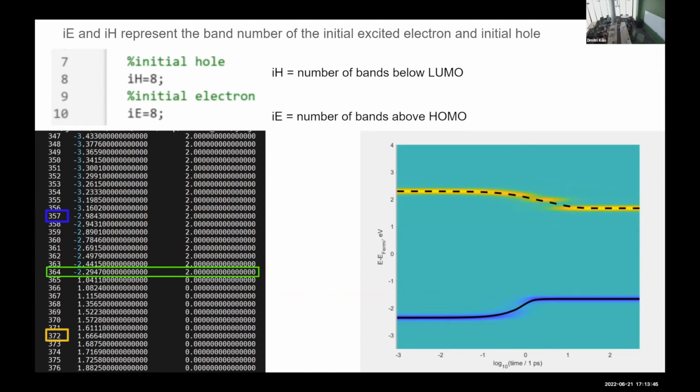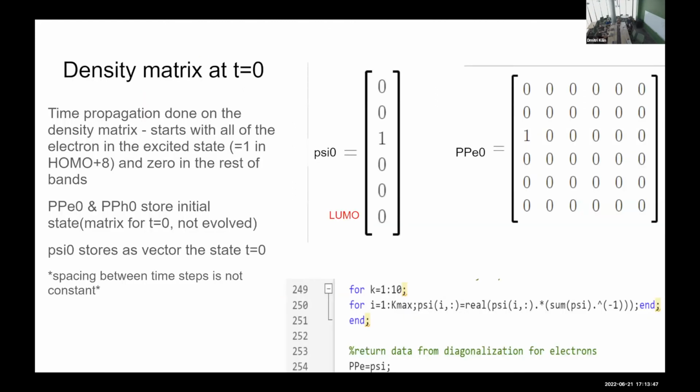Joseph, can you please go one back? Yes, here. So the initial condition that we were discussing: here it shows IE equals 3, I think, for LUMO plus 2, right?